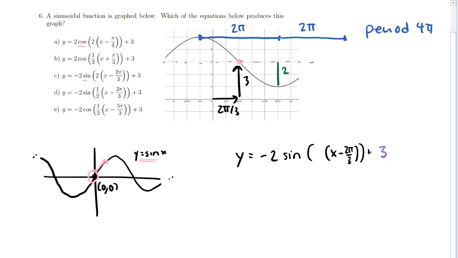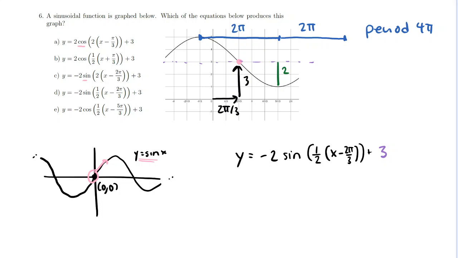In other words, this graph has been stretched horizontally by a factor of 2. To make our function stretch horizontally, we need to multiply the input by 1/2. This stretches our function horizontally by a factor of 2.